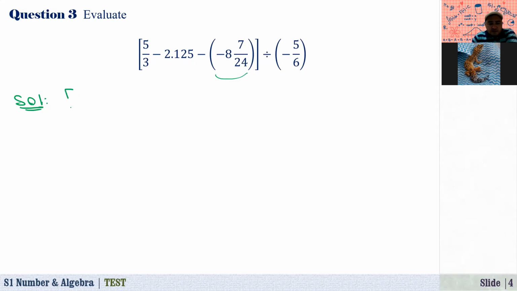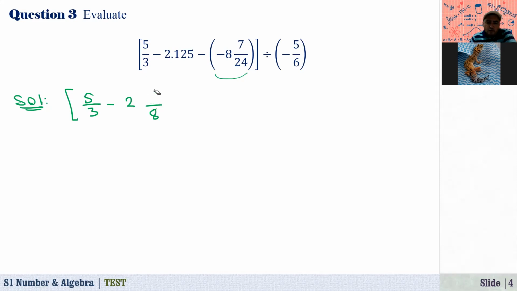First, let me just remove the brackets. Okay, here we have 5 over 3 minus, what is 2 and 0.125? Actually, 2 is just 2, right? And 0.125 is, what is it? If you divide 1 by 8, that's equal to 0.125.